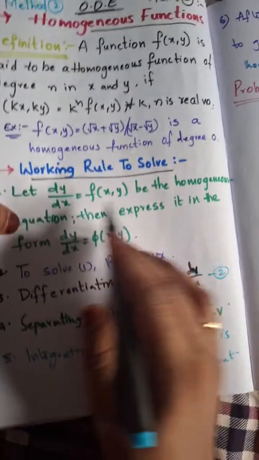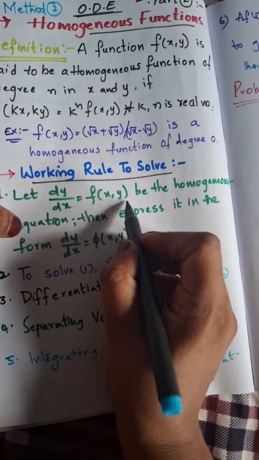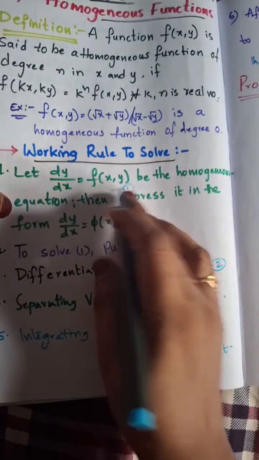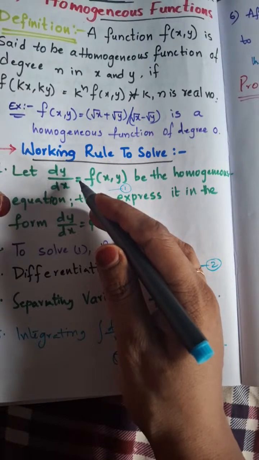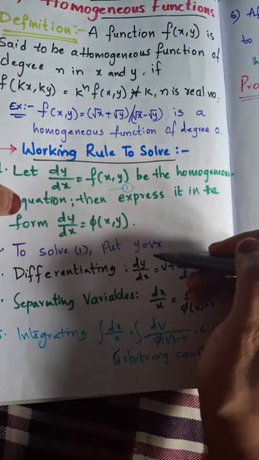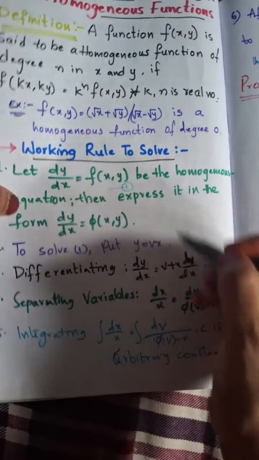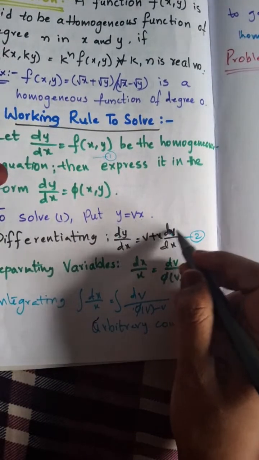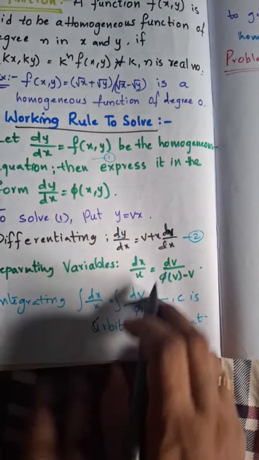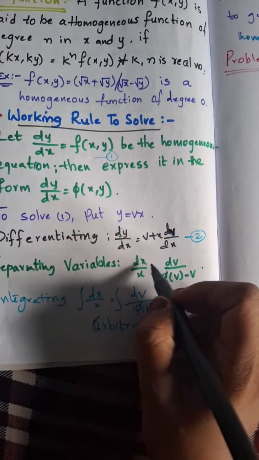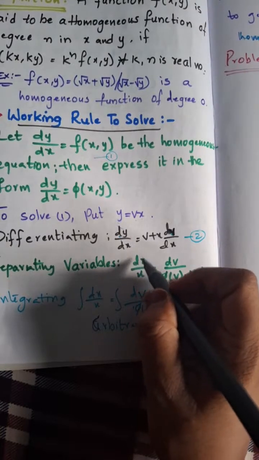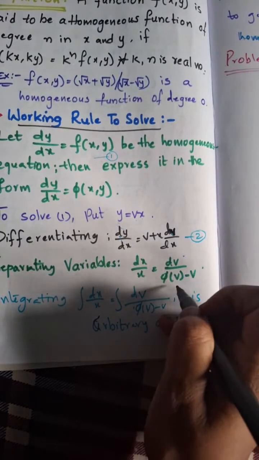The first equation is the given problem, and comparing 1 and 2, both are dy by dx. Equating 1 and 2, we get f of x comma y equals v plus x into dv by dx.